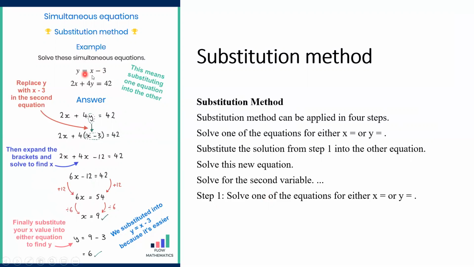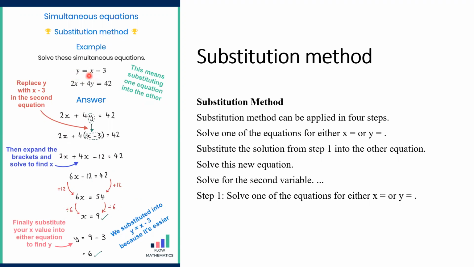If we have this, guys, y equals x minus 3, 2x plus 4y equals 42. Okay. Right, this means substituting one equation into the other. So I'm going to find either x in terms of y or y in terms of x.